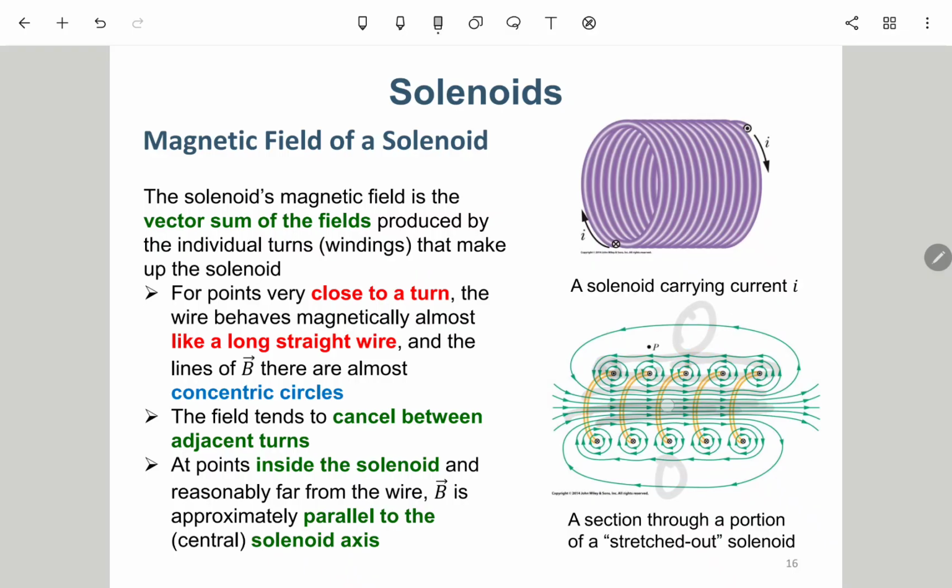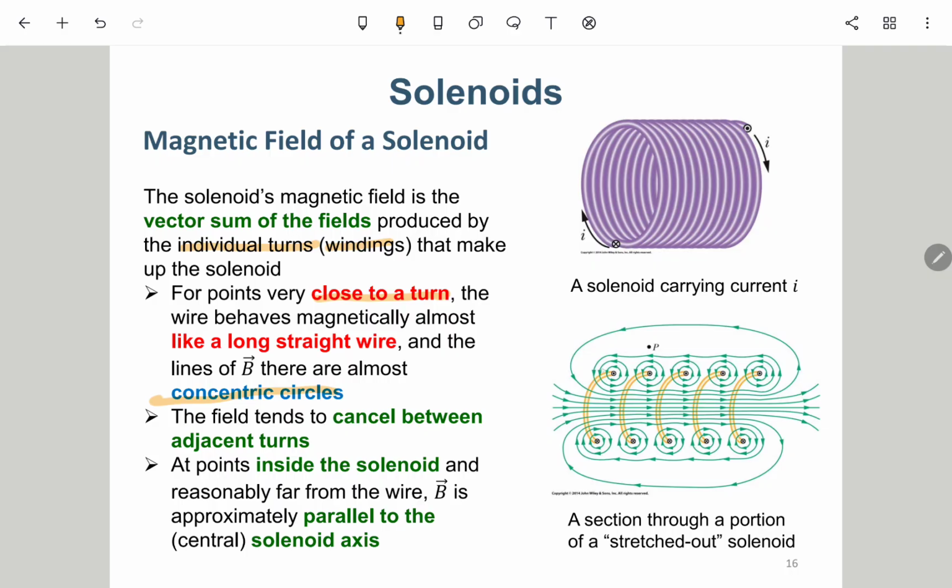So let's see how it is described. Here, the solenoid B field is the vector sum of the field produced by the individual turns. Of course, there are quite a lot of turns, or windings, that make up the solenoid. For points very close to a turn, the wire behaves magnetically almost like a long straight wire, and the lines of B field are almost concentric circles.